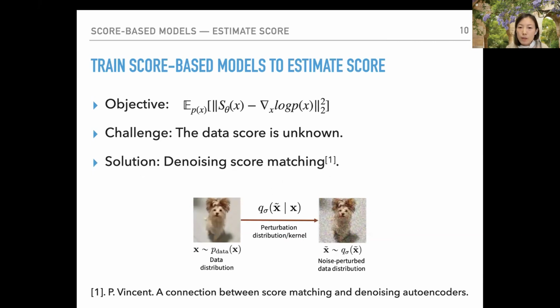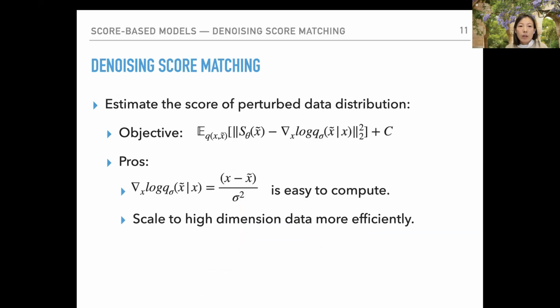So we use the denoising score matching method. It estimates the score of the perturbed data distribution. So here is the objective function. The advantage of this is that this perturbed data distribution is easy to compute, and it can scale to high dimensional data more efficiently.